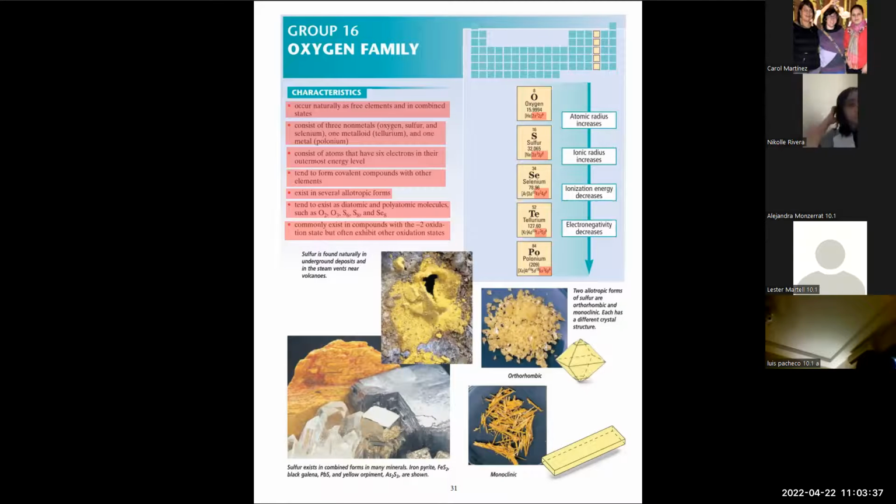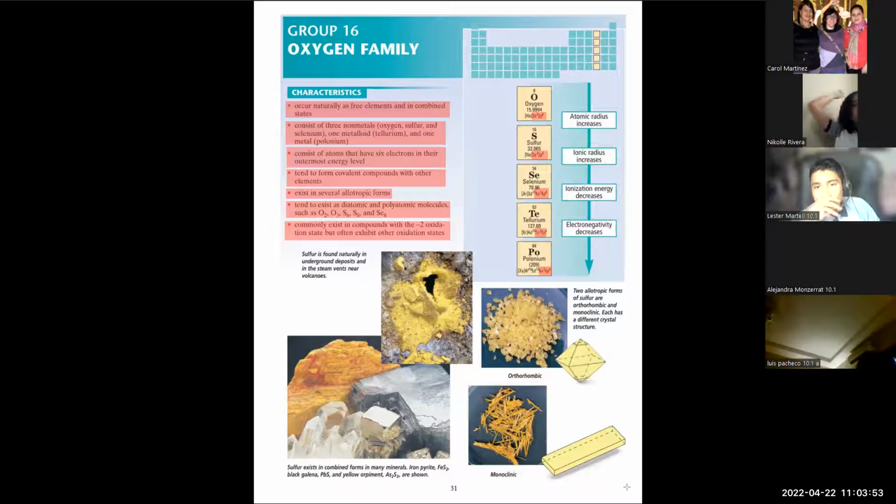So this is the crystal structure that the element sulfur has. Now this one right here is again sulfur, but it's showing a monoclinic shape. As you can see, it looks like a tiny box, with a rectangular shape.